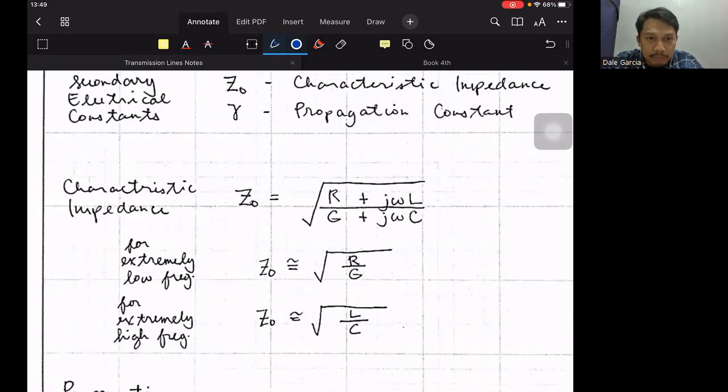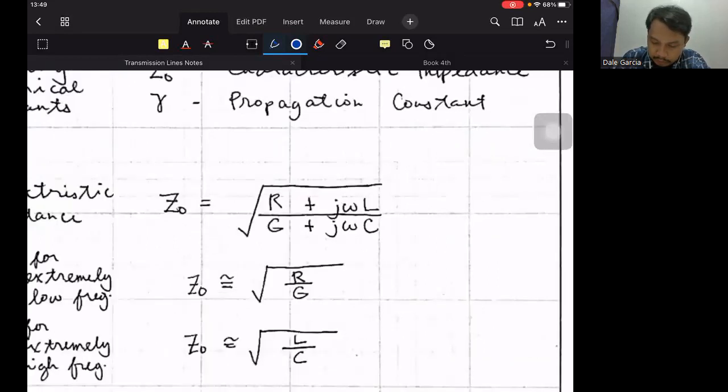So characteristic impedance, or surge impedance, is the ratio of the amplitudes of voltage and current of a single wave propagating along the line. That is, the wave traveling in one direction in the absence of reflections in the other direction. Somewhat like this, for example.